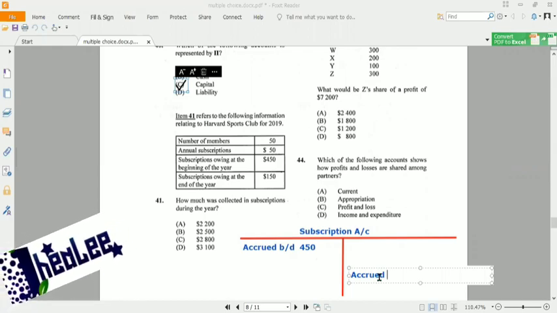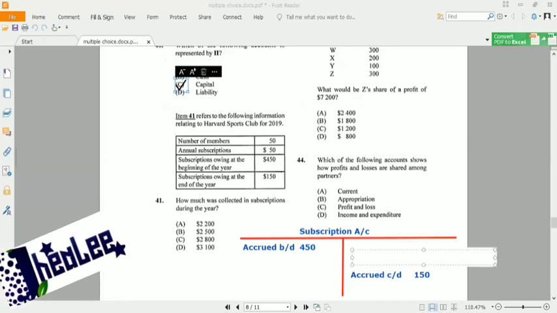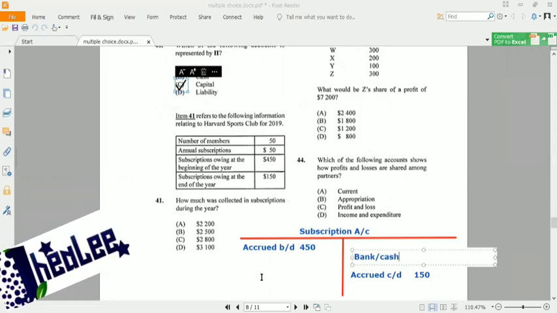So accrued carried down on the credit, and that amount would be the 150. Now, in your account, what we're trying to find out is the bank or cash value, the amount that was collected for the year.